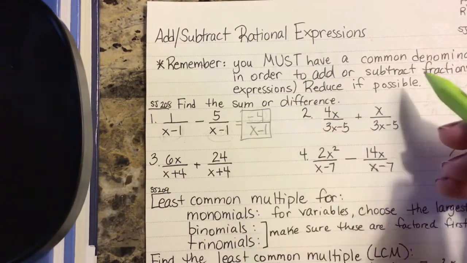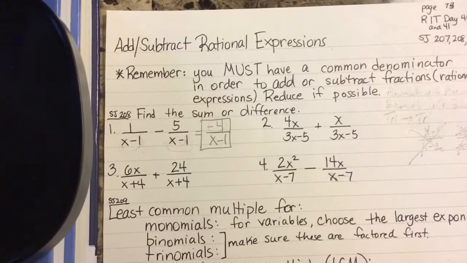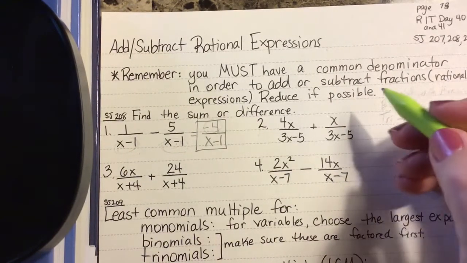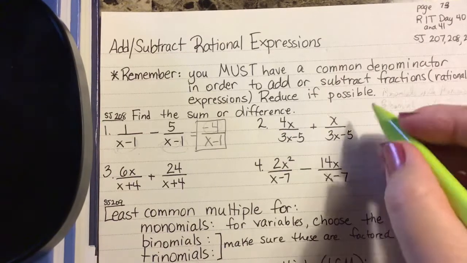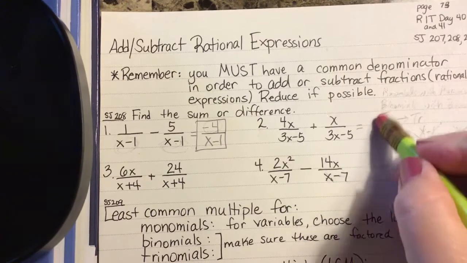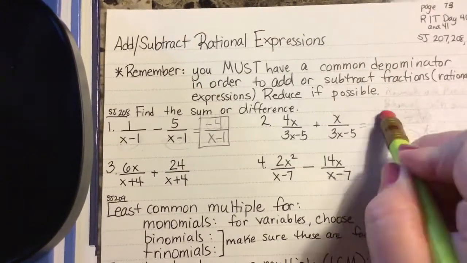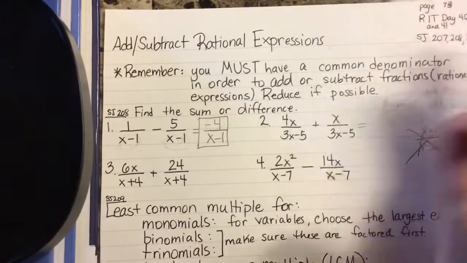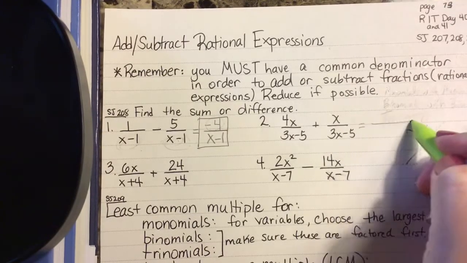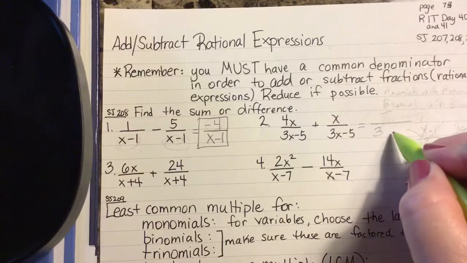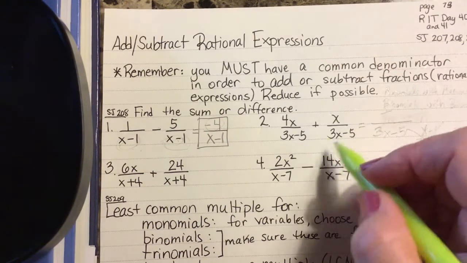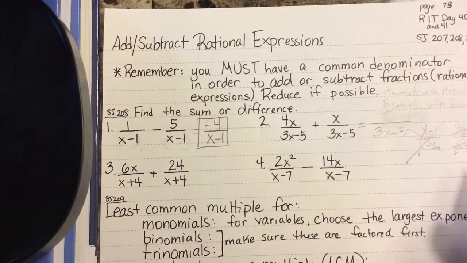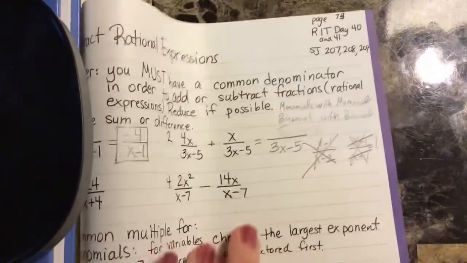I have a monomial in the numerator and a binomial in the denominator. This is my answer. When I look at number 2, do I have a common denominator? 3x minus 5, 3x minus 5. Yes, that is my common denominator. I'm going to erase this. So 3x minus 5 is in my denominator, and then I am going to add my like terms in my numerator.